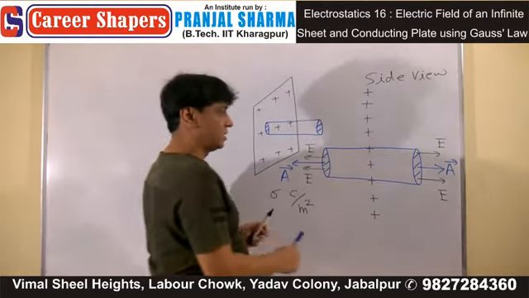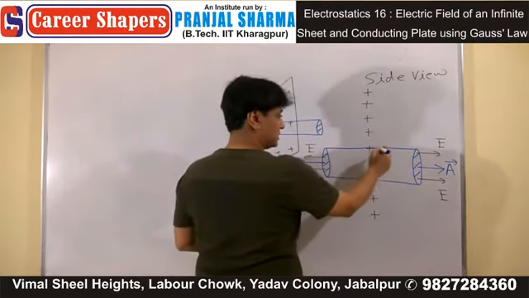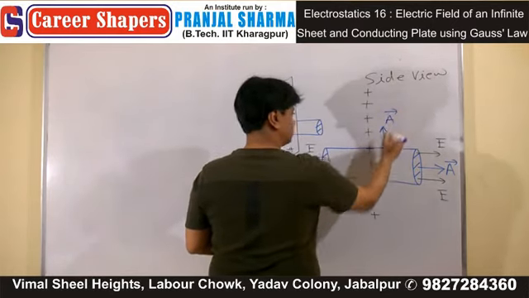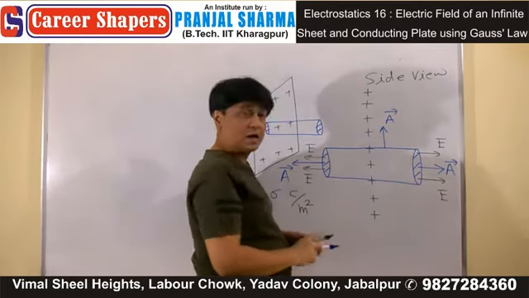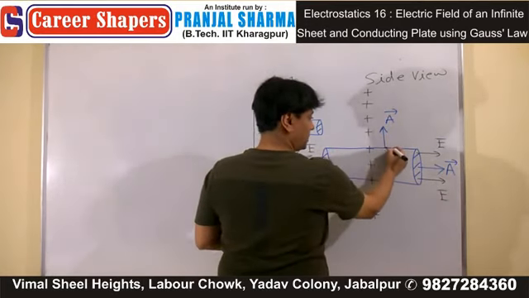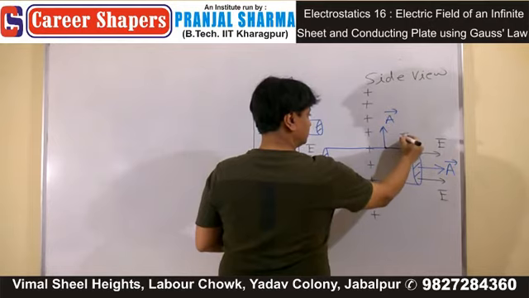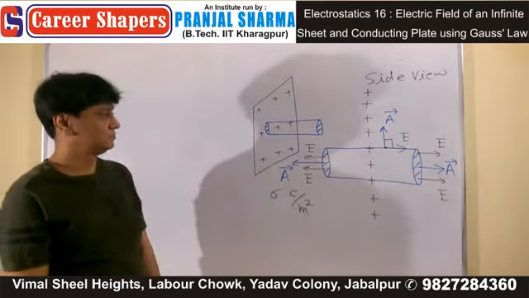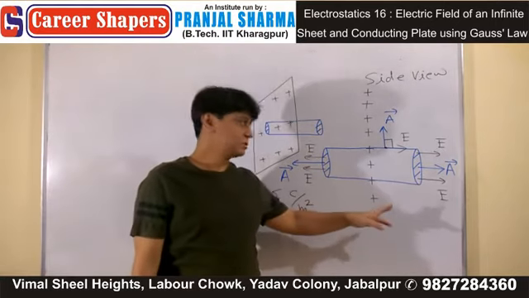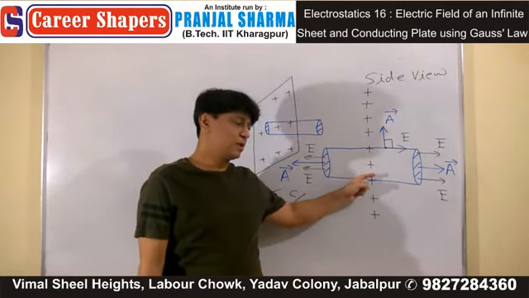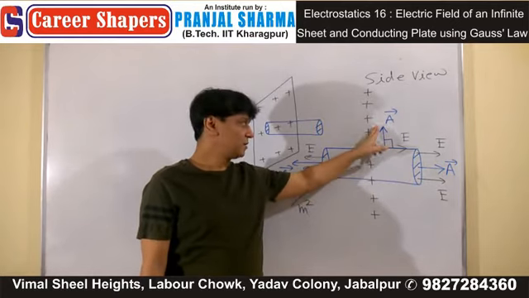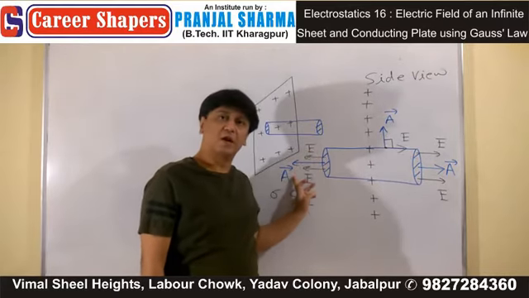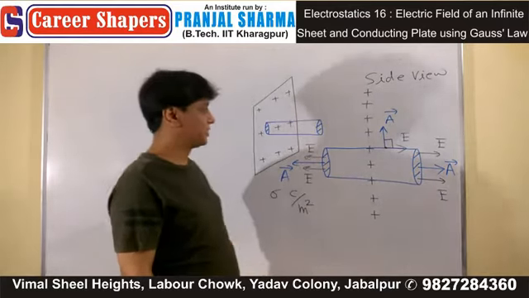If you are somewhere here on the curved surface, then for the curved surface your area vector is this, and electric field at any point is this. The angle is 90. These are the three portions. For curved surface, angle between electric field and area vector is 90. For flat surface, the angle between electric field and area vector is 0.